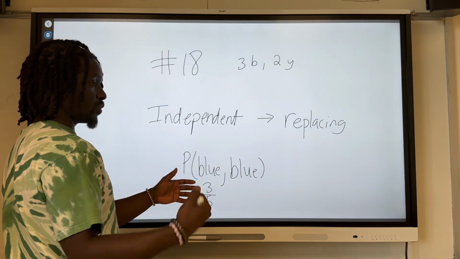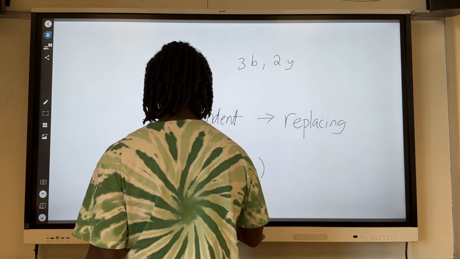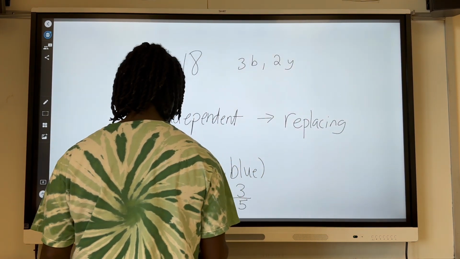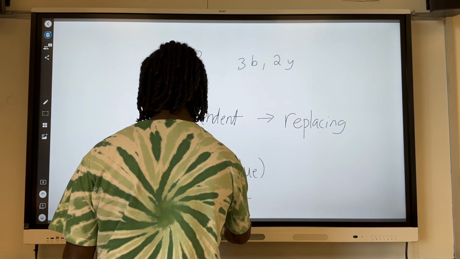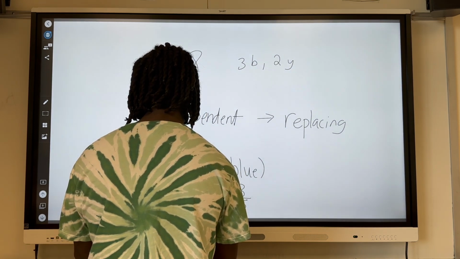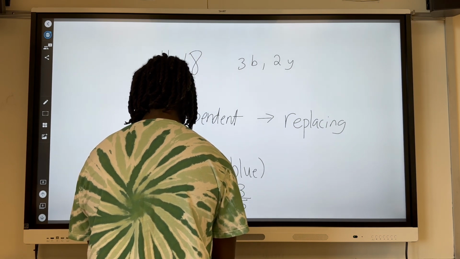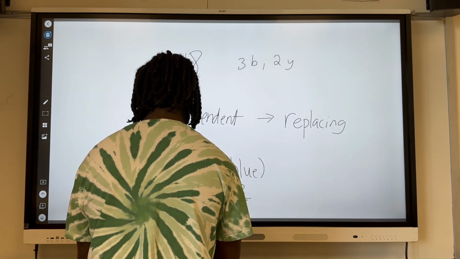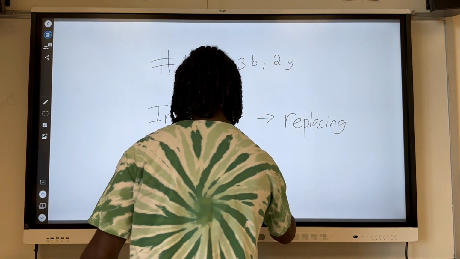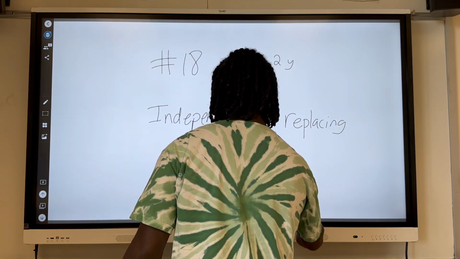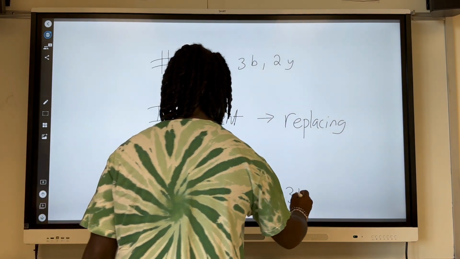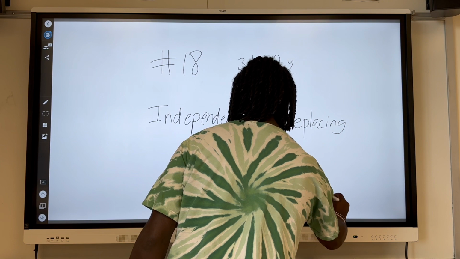I take the marble, I put it back, so I'm replacing it, and then the second time it's still 3 out of 5 because I put it back. Then I'm going to multiply those two. 3/5 times 3/5 gives me 0.36, and the answer is written as a percent, so this would be 36%.